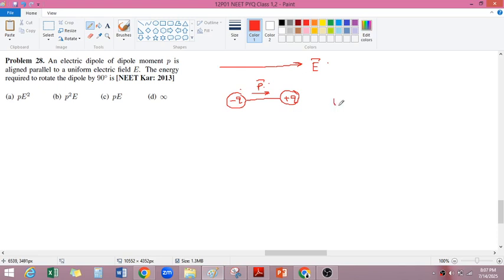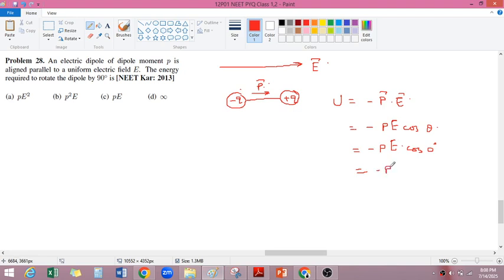The energy we just studied is minus P dot E, so that means minus PE cos theta, which is minus PE cos 0, because the angle between them is 0. Cos 0 becomes 1.